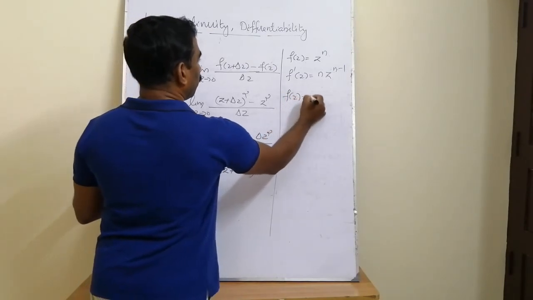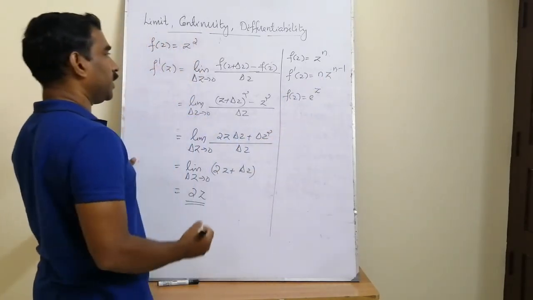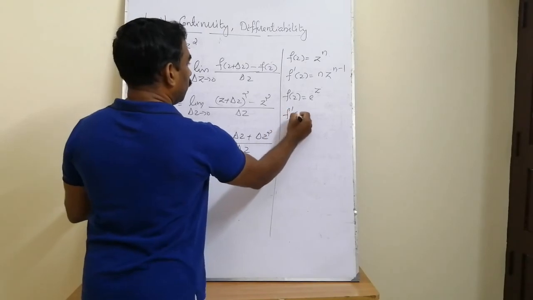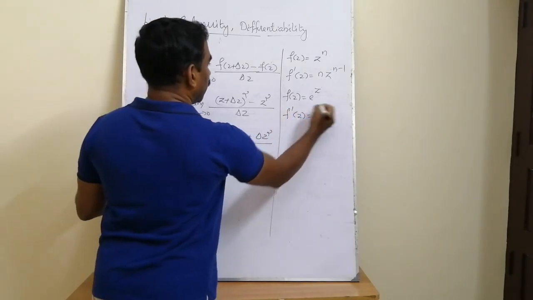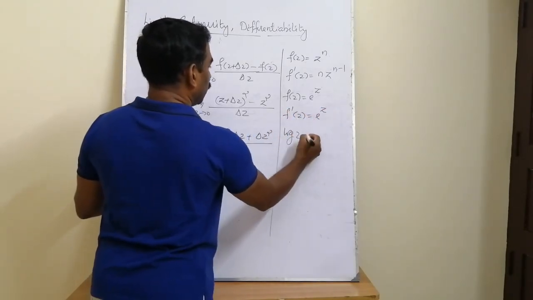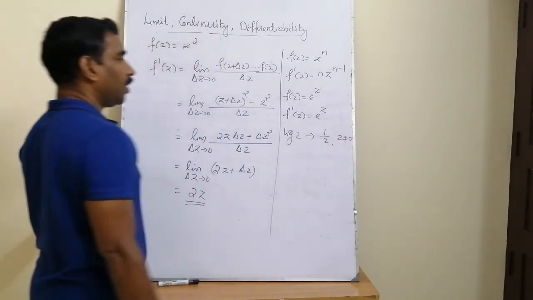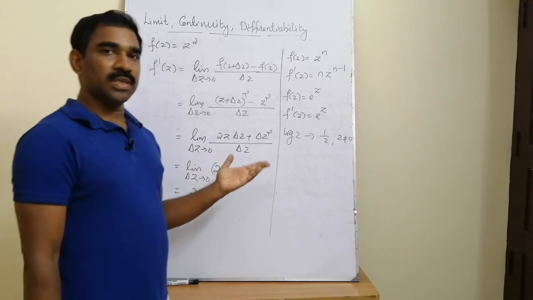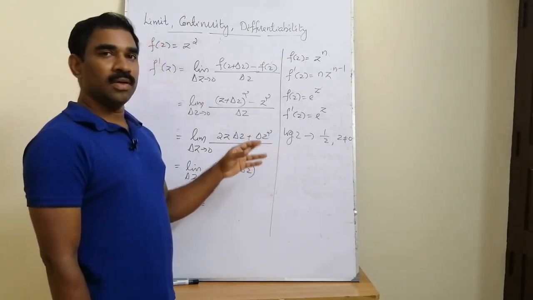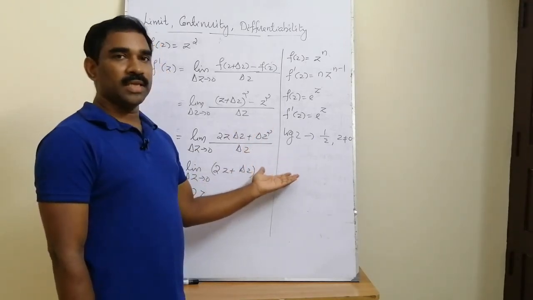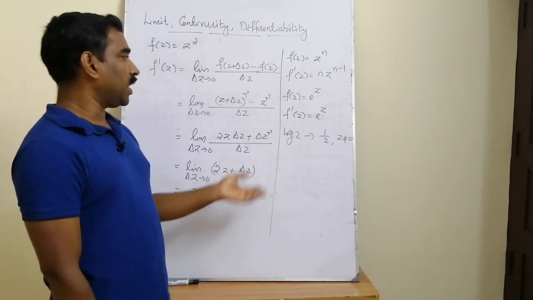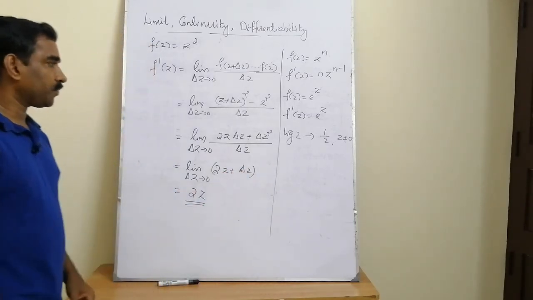For the exponential function e^z, its derivative is e^z. For log z, the corresponding derivative is 1/z with z not equal to 0. And similarly for the trigonometric functions, sin z has derivative cos z, cos z has derivative minus sin z, tan z has derivative sec² z, and so on.